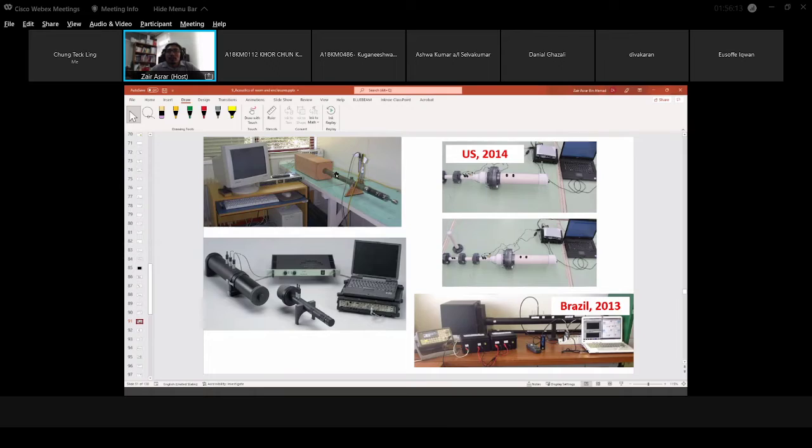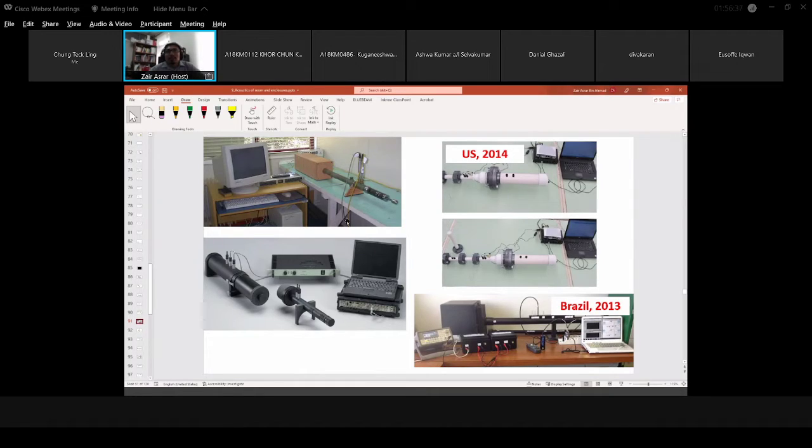Alright, so this is an example of an impedance tube. This is the Mercedes of impedance tubes, I would say, from B&K. One of these sets will cost you about 400,000 ringgit. Probably now it's much more expensive. A cheaper version might look something like this, or like this.